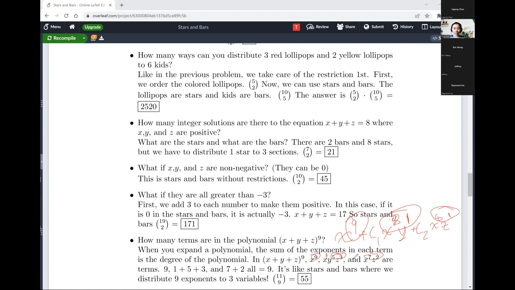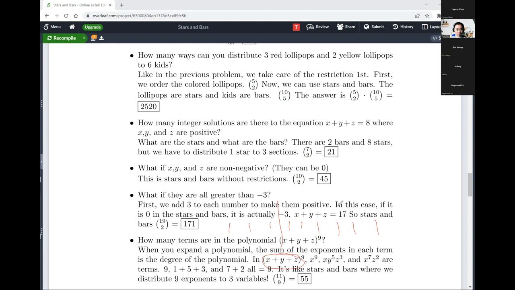So this means that we have a stars and bars problem where we have 9 powers, you could say. Let me clear. If we have 9 powers, let's separate it into 9 ones. And since we have 3 variables, we have 2 dividers.